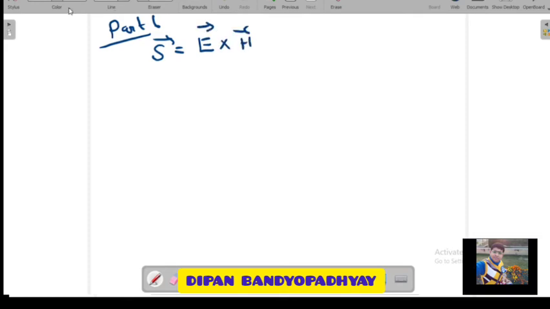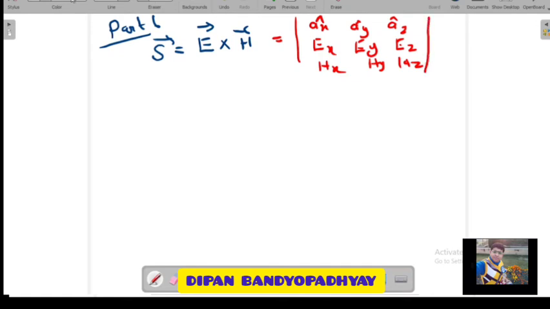You know how to calculate the cross product of two vectors. The cross product will be given by first writing the unit vectors, then writing the components of E, Ex, Ey, Ez, then writing the components of H. And remember, Ez and Hz are 0.